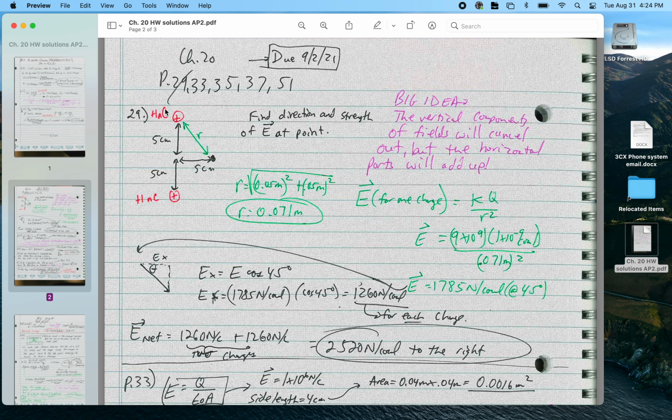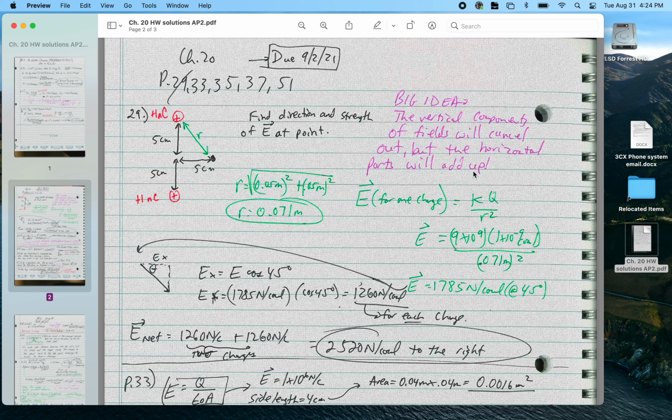So essentially, if I can find out the electric field of one interaction, either this top one or this bottom one, then I can use vectors and trigonometry to figure out the net field. So first of all, I had to figure out that distance. Well, use Pythagorean Theorem, 5 centimeters on each side. The overall distance here is 7.1 centimeters. Well, that's 0.071 meters.